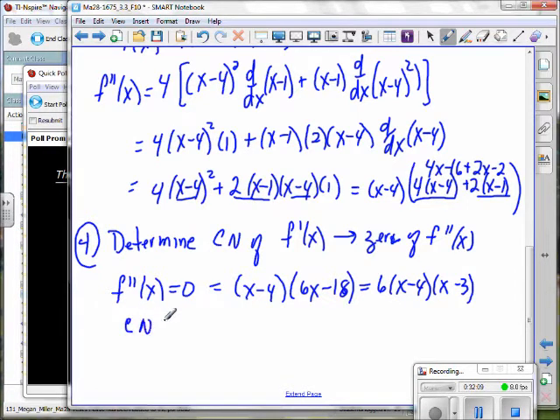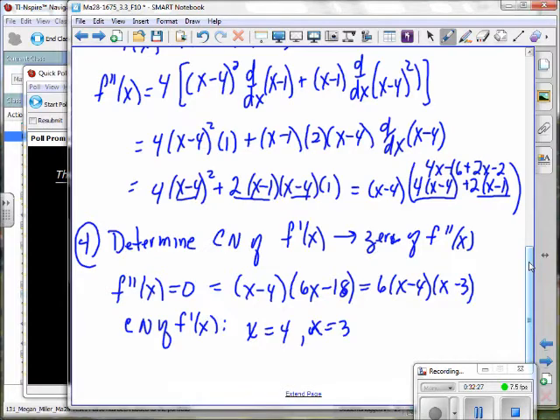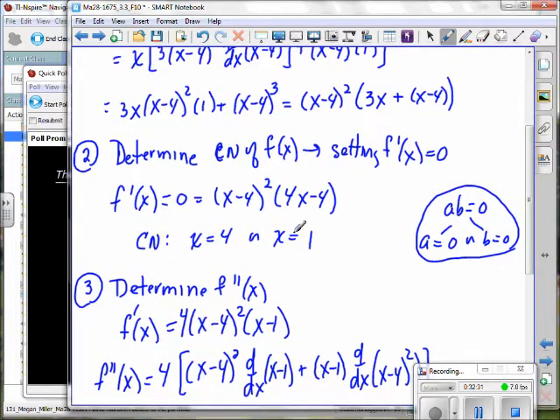Critical numbers of the first derivative will be where x is 4 and where x is 3. Now, let's go back. What do these tell us?